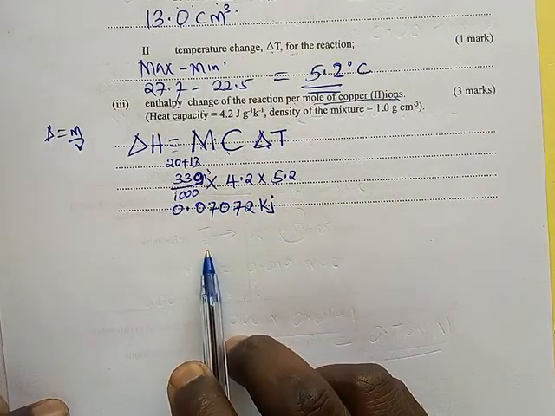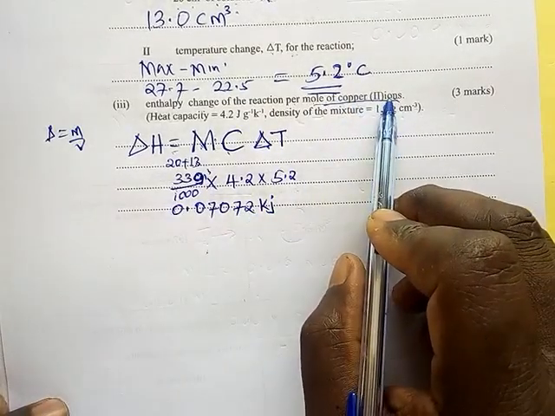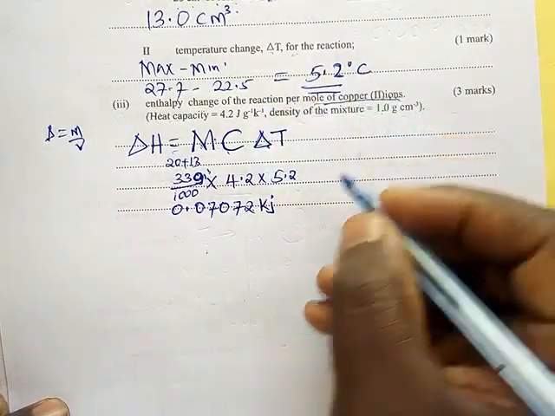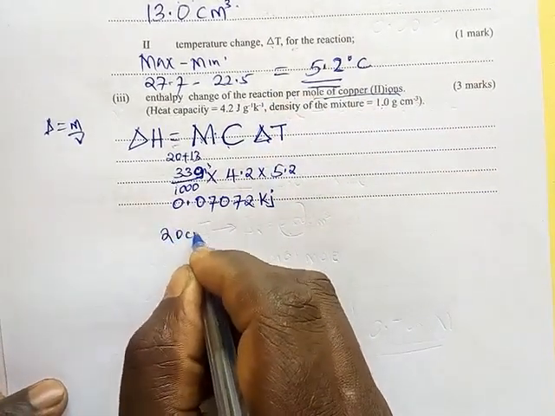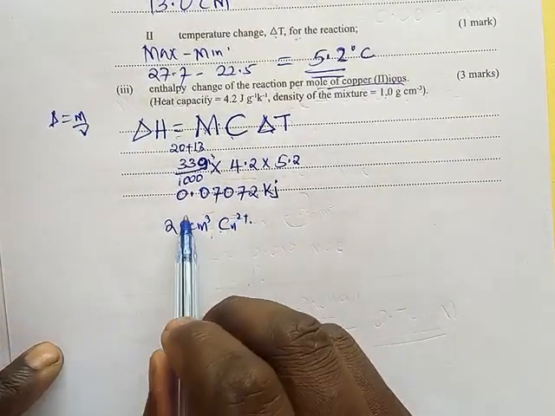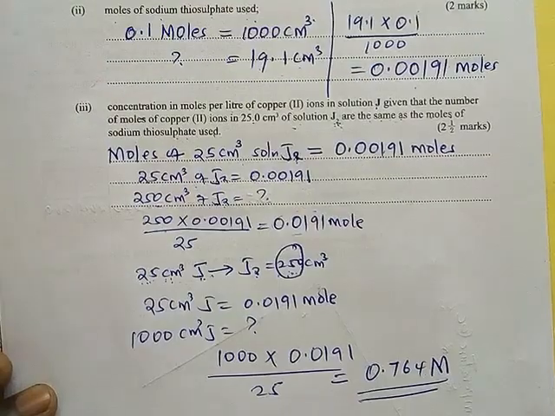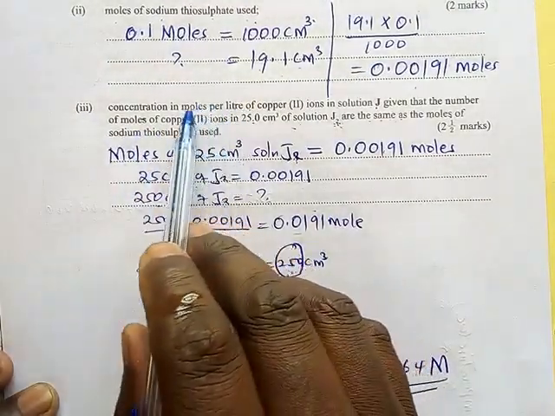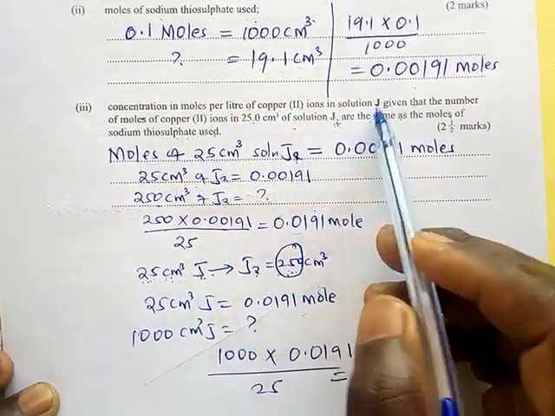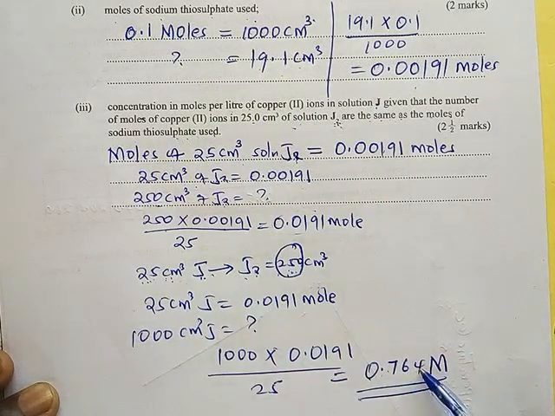One thing we need to know is the number of moles of copper 2 ions. The volume that we used for copper 2 ions is 20 centimeters cube. We know the concentration of copper 2 ion solution J from the previous calculation, which is 0.764. This is the number of moles in 1 liter.